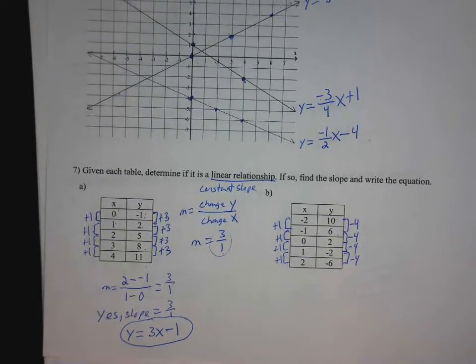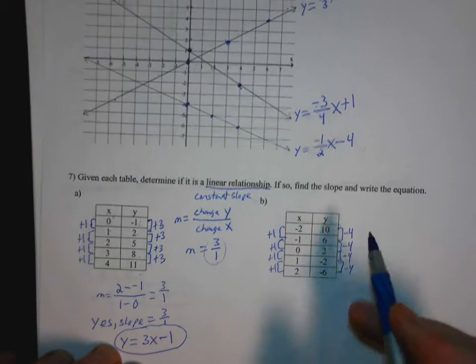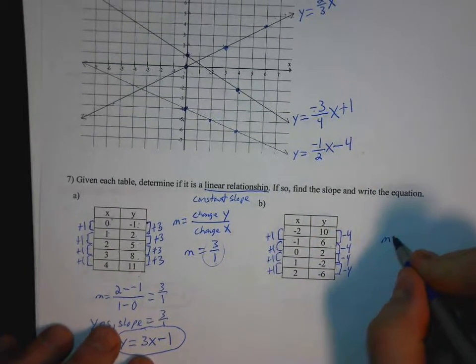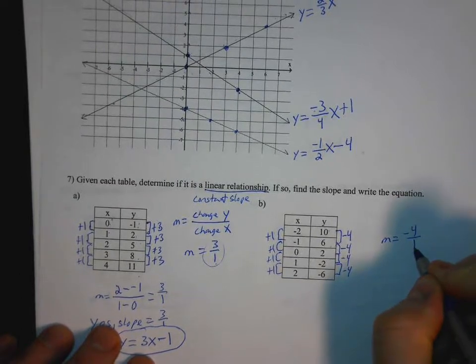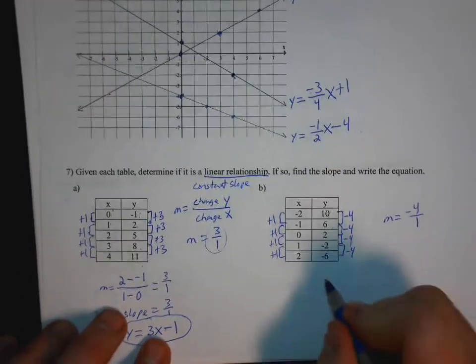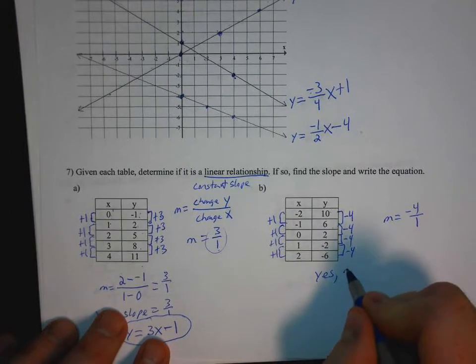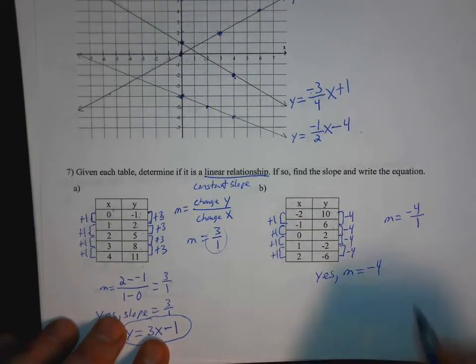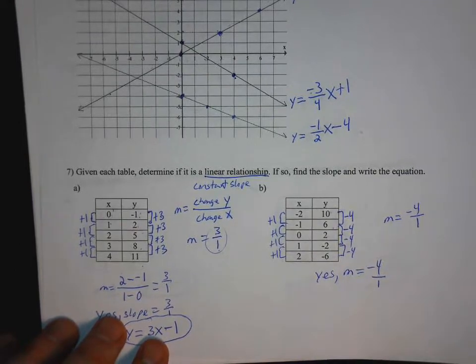So what we notice is that the rate of change is always going to be the same thing, -4 over 1. So the slope is -4 over 1. So is it linear? Yes, because m is always -4, or -4 over 1 if you prefer.